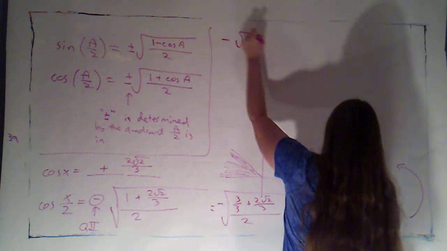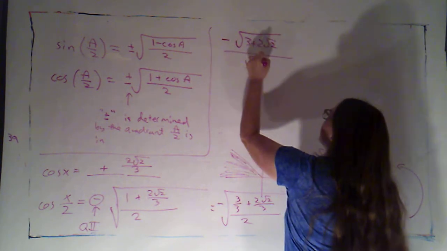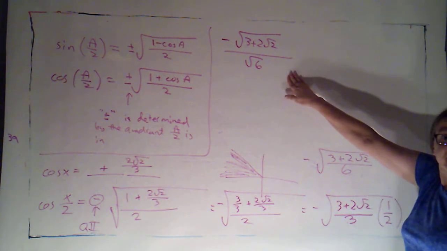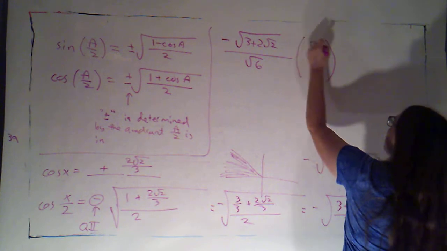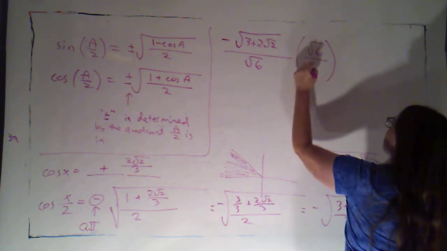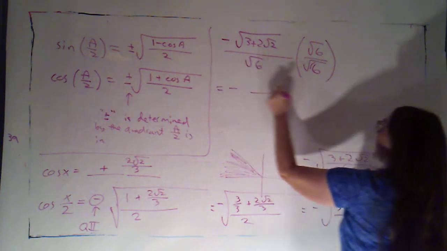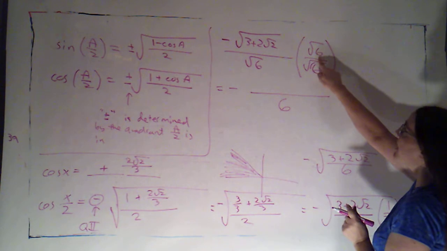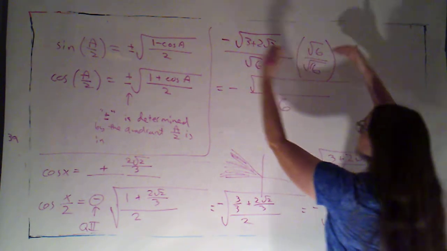So I can say this is negative root 3 plus 2 root 2 over root 6. Now I've got a root in the denominator, and I know how to fix that. I can multiply by 1 in the form of root 6 over root 6. It's still negative. Now I've got a 6 on the bottom, which was under the radical, so I can put it all under this one big radical.